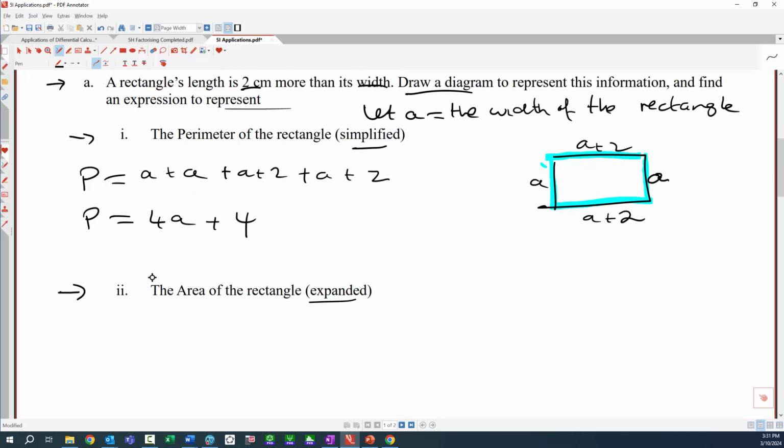Now what we want to get is the area of the rectangle, and it just says the word expanded here. Recall that the area of a rectangle is the length by the width, and here the length is A plus 2 and the width is A, so we're just going to do A times A plus 2.